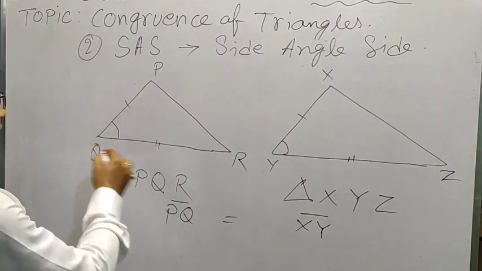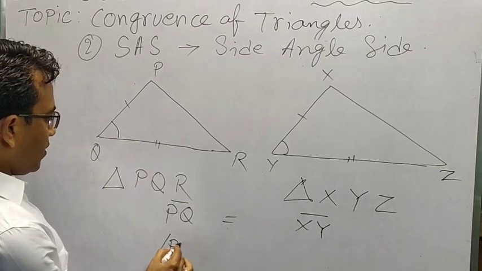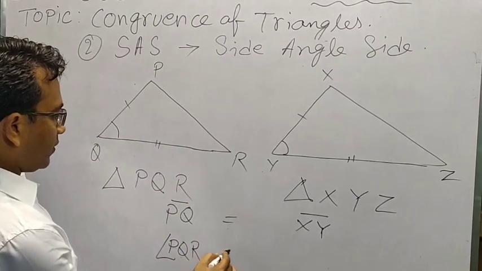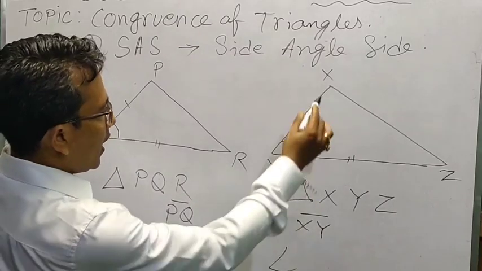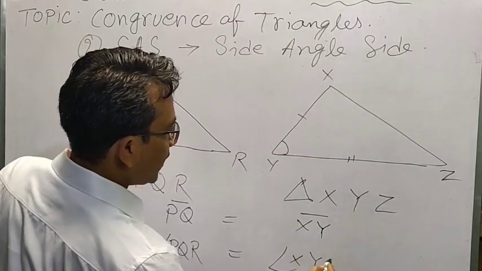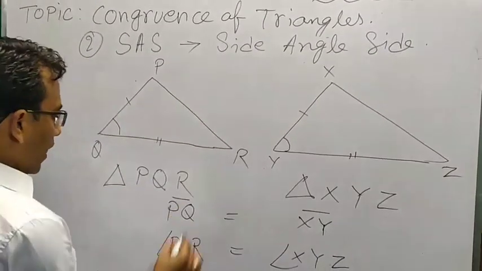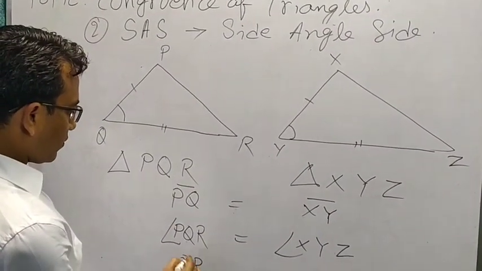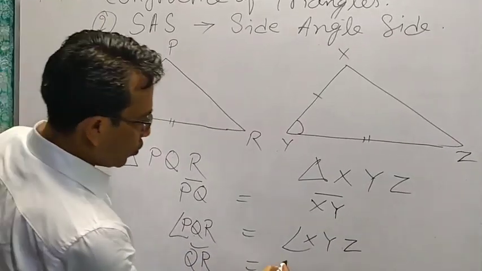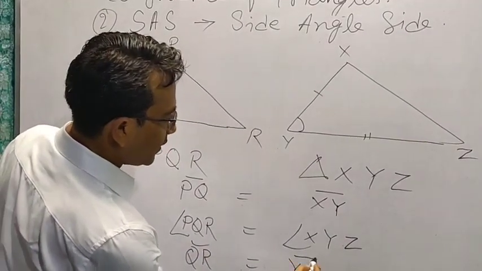Then angle PQR is equal to angle XYZ, and then QR is equal to YZ.